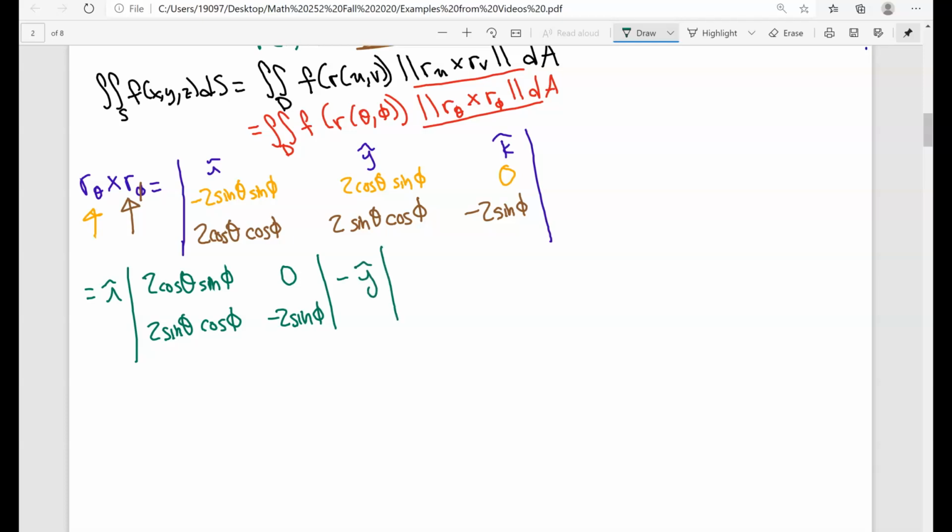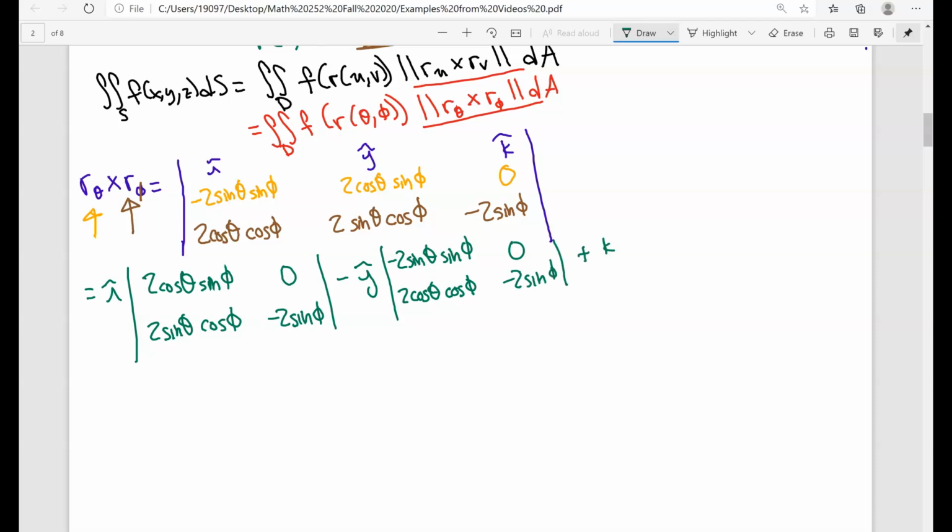Then j, we're going to cross that out, so it's going to be negative 2 sine theta sine phi, 0, 2 cosine theta cosine phi, and the next one, negative 2 sine phi.